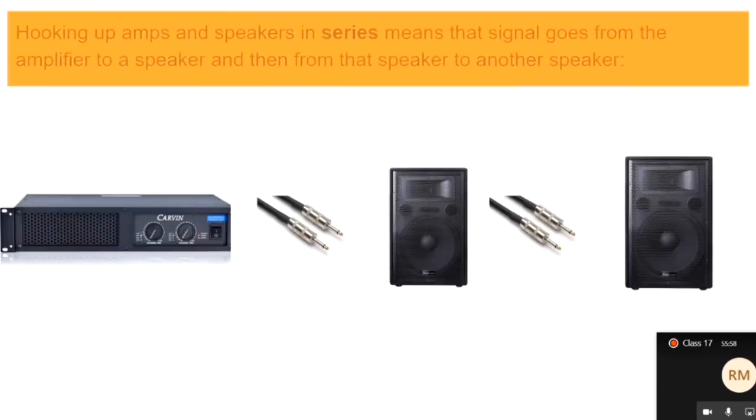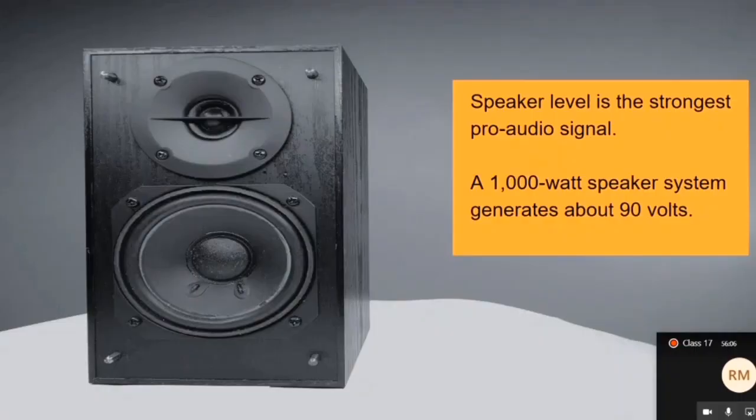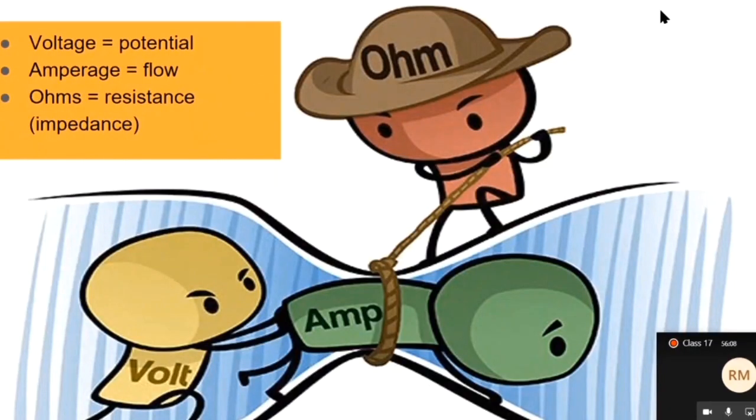So let's return to this picture of electricity. The different analog signals are differences in voltage and amperage. But when you get into setting up speaker systems, it's important to begin considering ohms, or resistance. These big speaker systems, depending on how you have them set up, will offer different levels of resistance as measured in ohms.